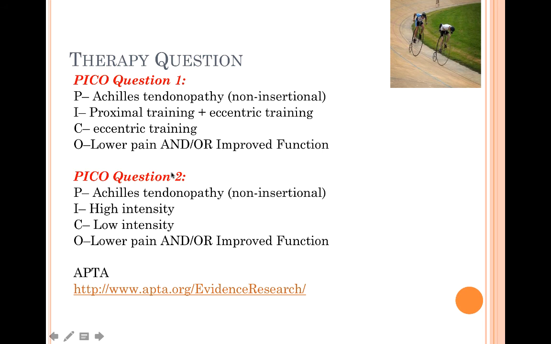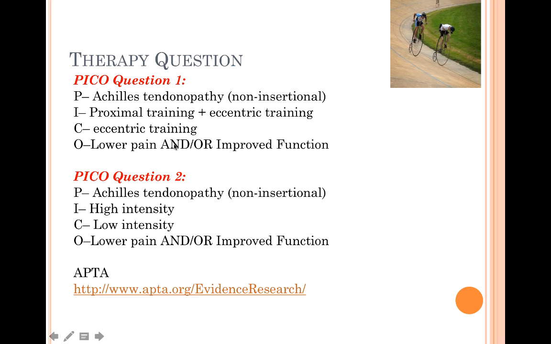Here are a couple that I've developed based on my interests. The first was Achilles tendinopathy. I would search on Achilles tendinopathy, and I might put proximal training and eccentric training versus eccentric training alone, and then my outcomes would be pain or improved function.